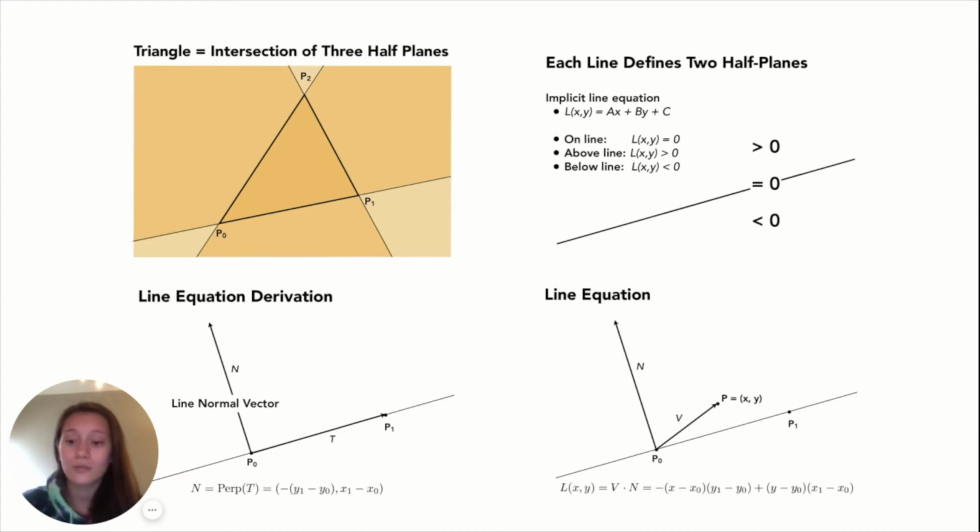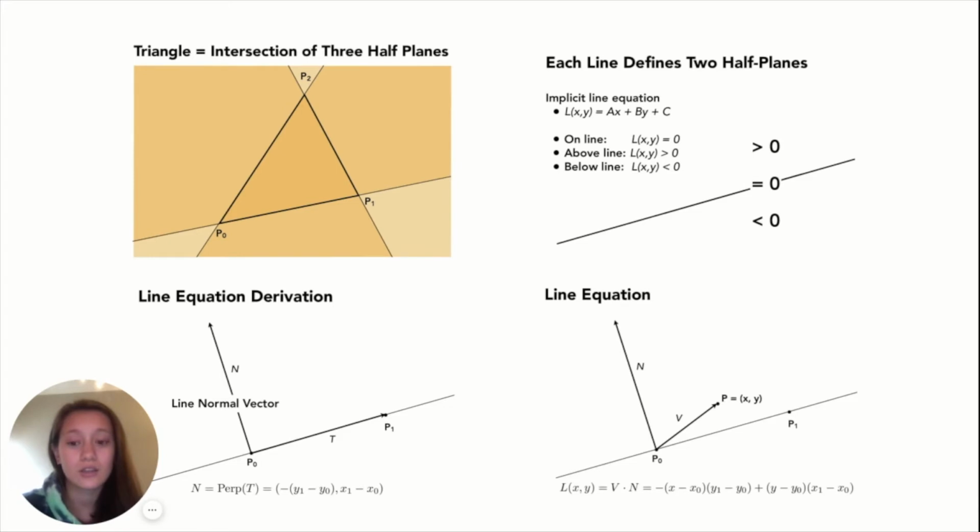Just a brief overview: we take a triangle and look at each side of the triangle, and perform this line equation test on each side. So what is this line test?